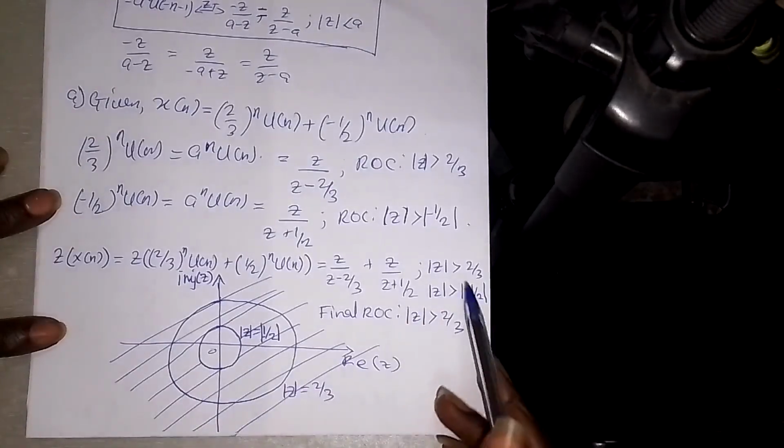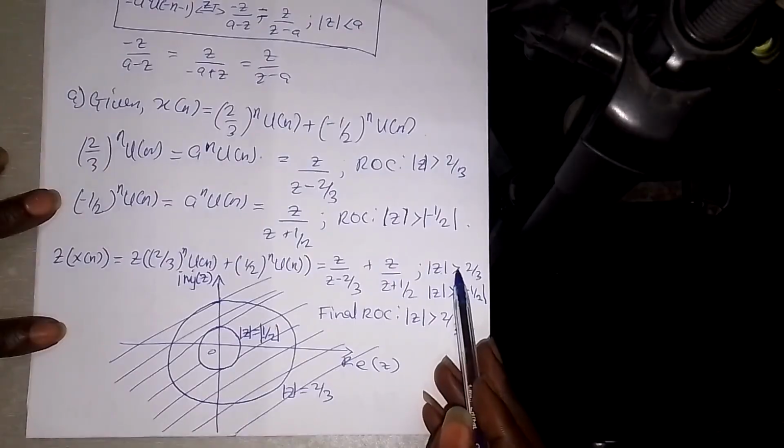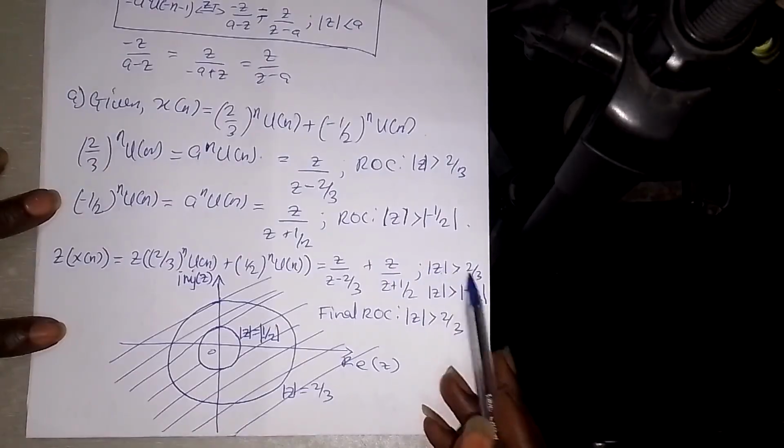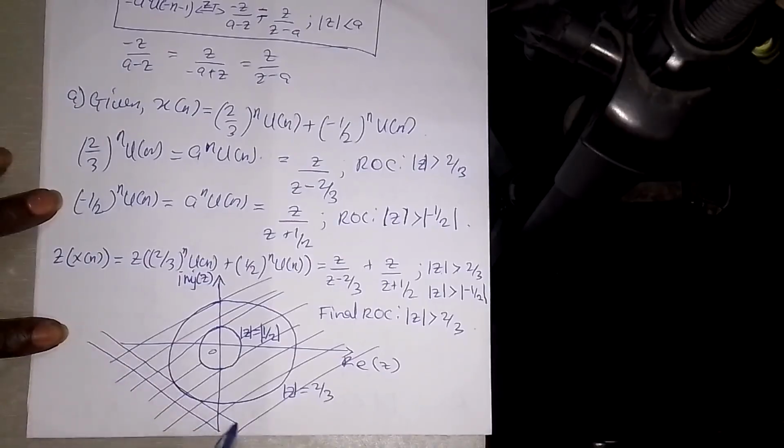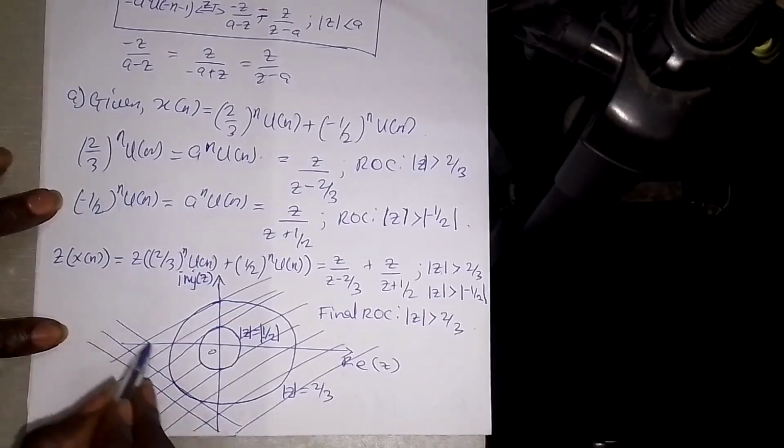Now let me go to the 2 over 3. Z is greater than 2 over 3. If it's greater, then it has to be outside. So I'll give that one also another direction. So here it's like this.